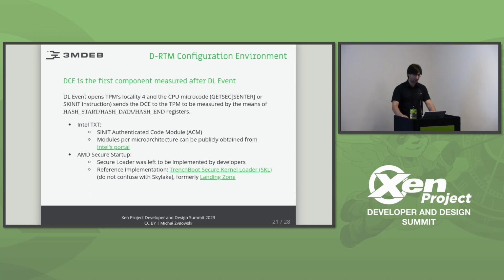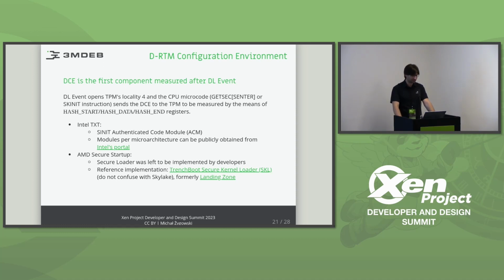And it does the measurements of the dynamic launch measured environment. And in the case of AMD, it is called Secure Loader. Thankfully to the open source community, it was left to developers as an exercise to implement that. And the architecture programmer's manual actually explains how to implement that. And we actually did it.